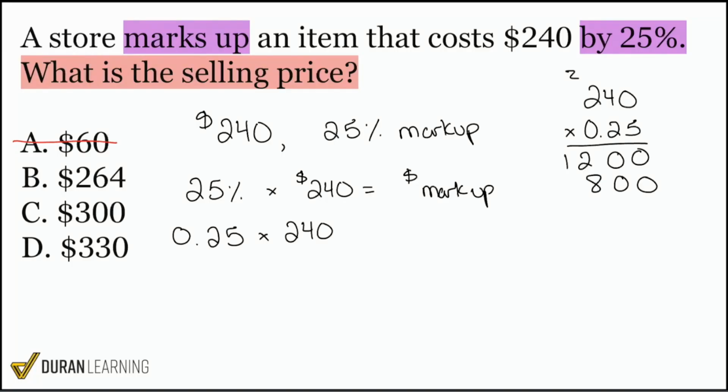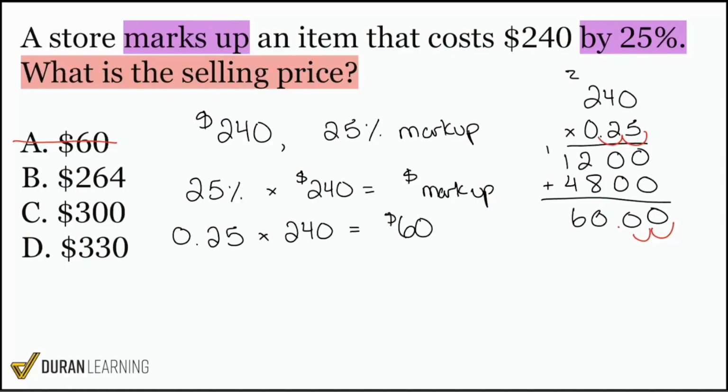And then 2 times 2, that'll be 4. Add this all up, and we end up getting 10, carry the 1, and that'll be 6. So that's not 6,000, that is going to be 60, because we have 2 decimal places over here, and we'll bring those 2 decimal places back. So there's our 60. So from here, 0.25 multiplied by 240, that is $60.